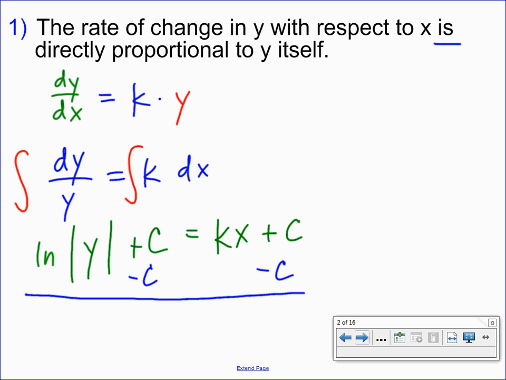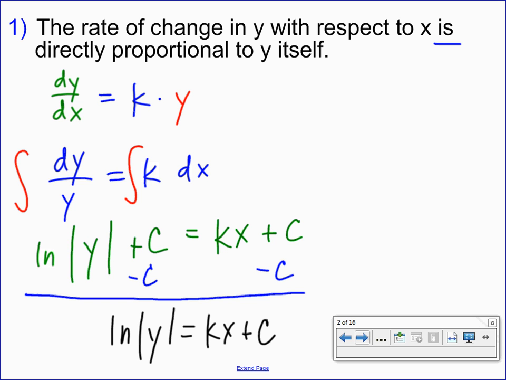If you'd like to be very descriptive in your labeling, you could call this C sub 1 and then C sub 2 and then C sub 3. I'm going to trust that you know combining a constant C that we don't know with another constant C that we don't know is just going to result in some constant C that we still don't know. So I'm just going to call this C. So ln y is equal to kx plus c. All right, now the exciting part.